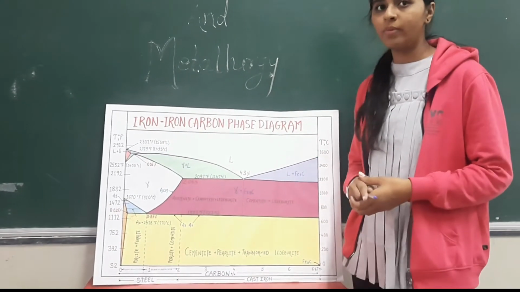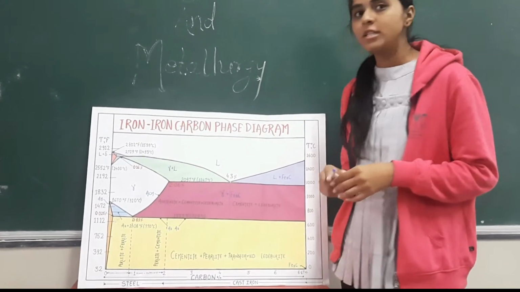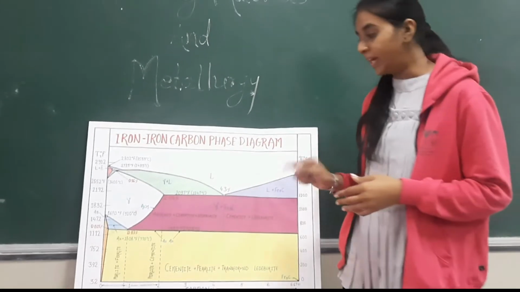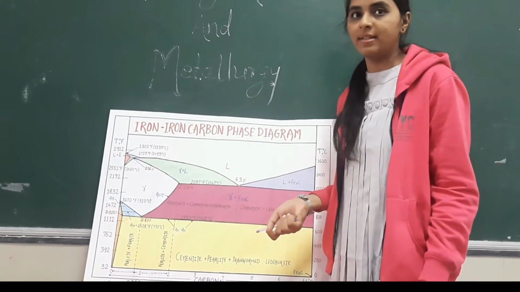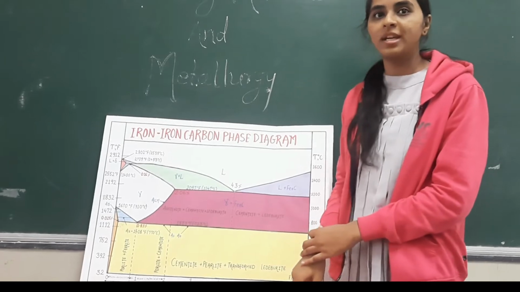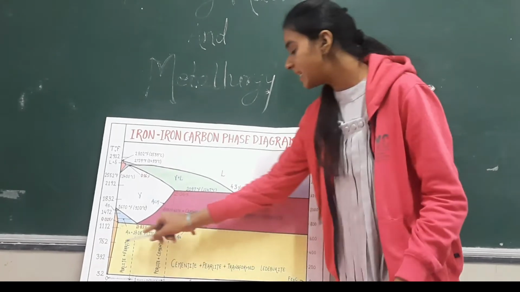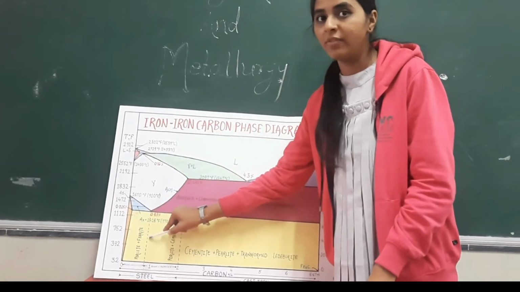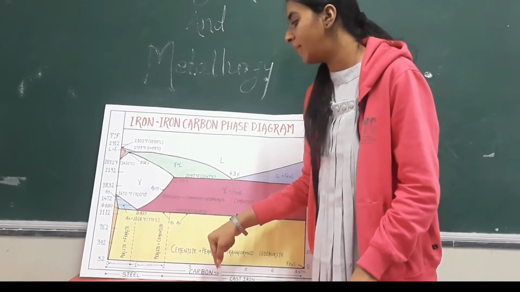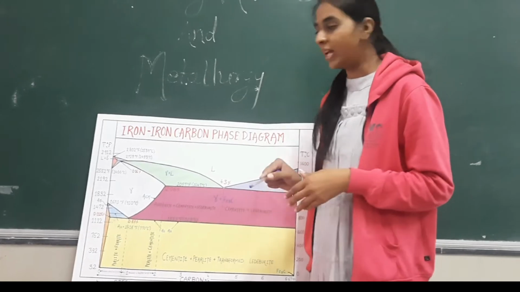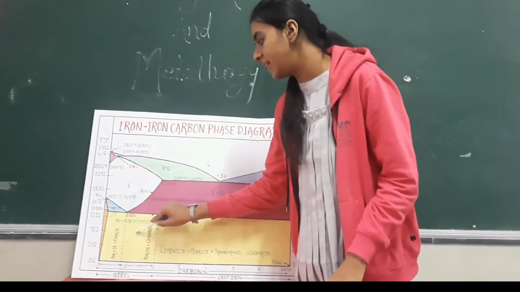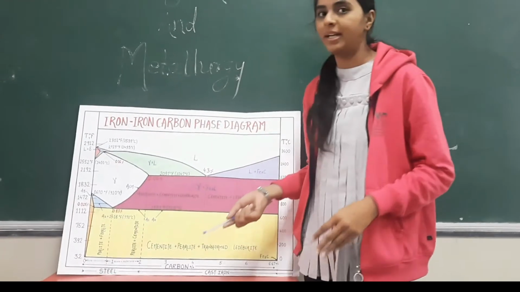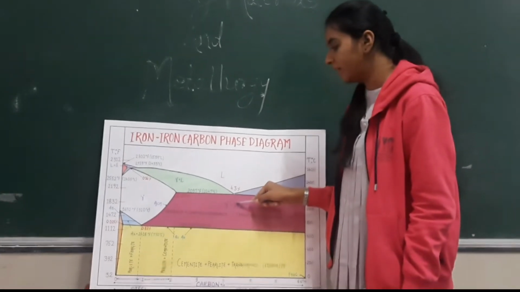So I am soft, ductile and malleable. My Brinell hardness is 80 BHN. At 768 degrees Celsius, I become paramagnetic, and below 768 degrees Celsius I am ferromagnetic. I am alpha ferrite.